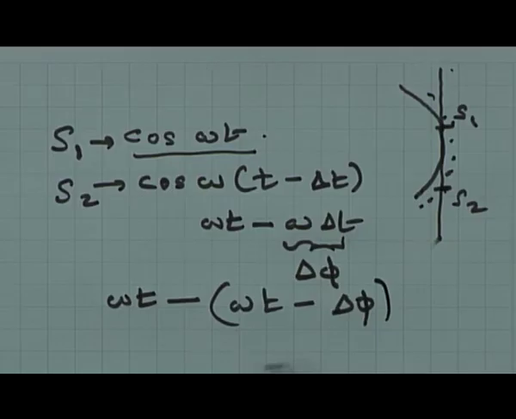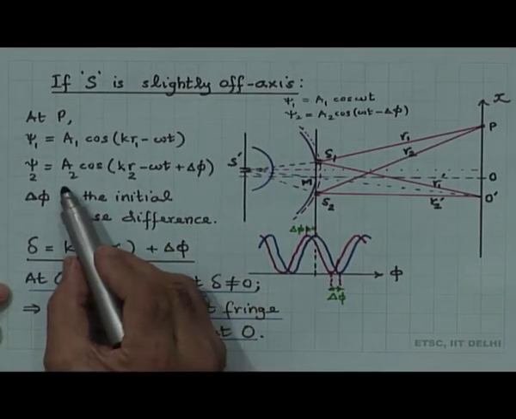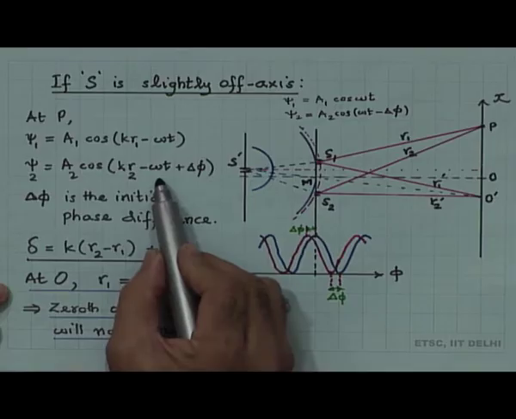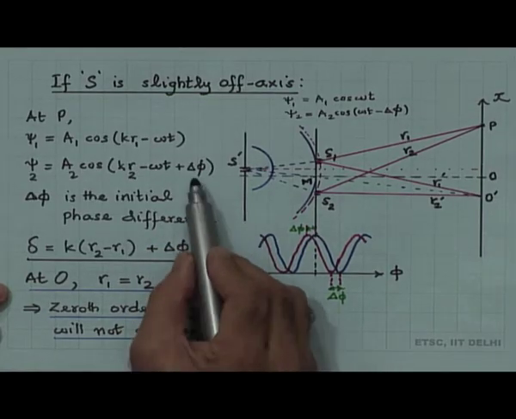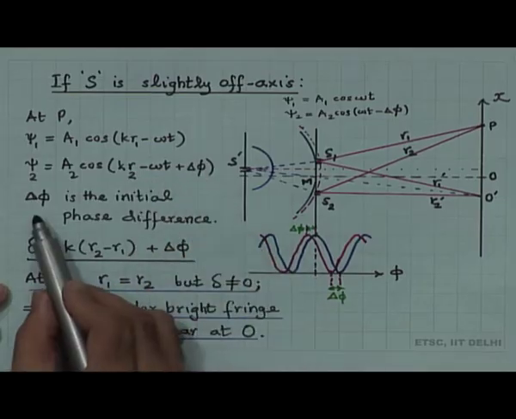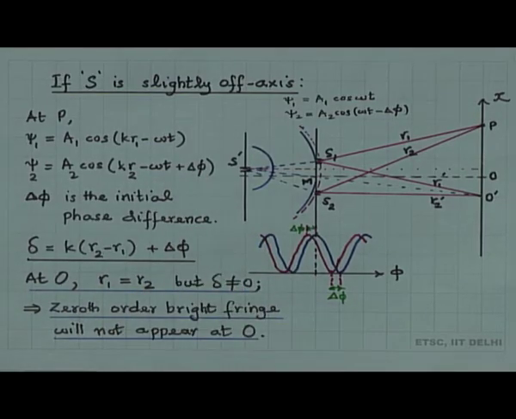That is why I have this term here, that I have shown that the second wave has k r2 minus omega t plus delta phi. There is a phase lag which is delta phi. So, delta phi is the initial phase difference between the two waves.